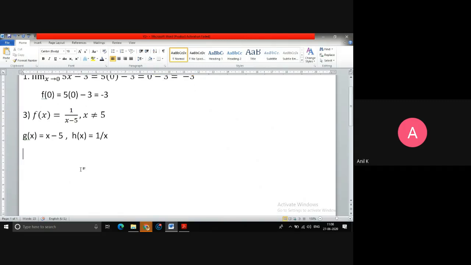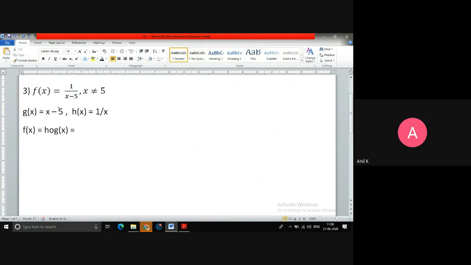Then I'll take f of x as the composition of two functions, h o g of x. I have taken the denominator x minus 5 as g of x and 1 upon x as h of x. So it is h o g of x as a composition function. I can write h of g of x.